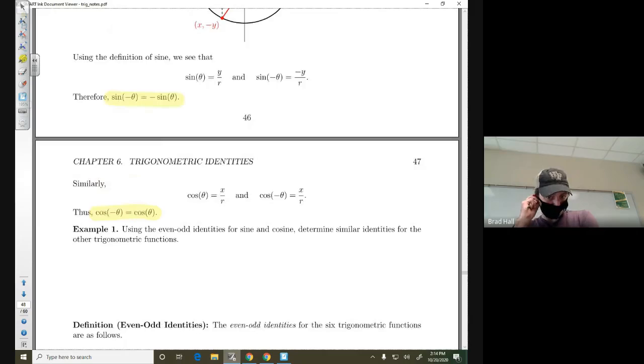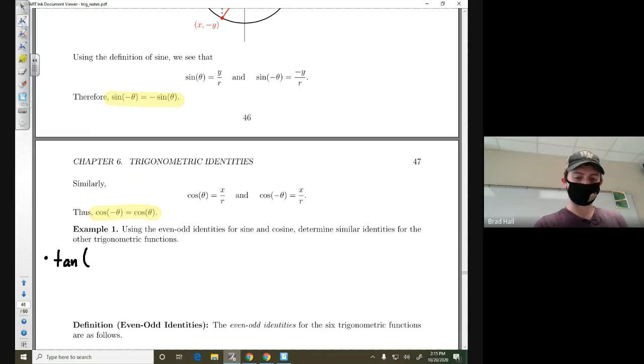And going to example one, which might require a little bit more brain power, use the even-odd identities that we just found and figure what the other formulas would be for, say, tangent or cotangent, cosecant and secant. I'm going to start with tangent.